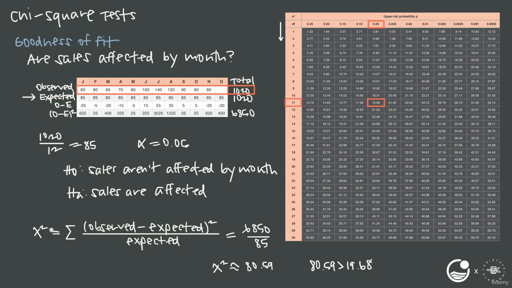Once we have the chi-squared test statistic and the number of degrees of freedom, we can look for our level of significance in the chi-squared table and compare our test statistic to the value that we find in the table, and use the relationship between the test statistic and the value from the table to make a conclusion about whether or not we can reject the null hypothesis.